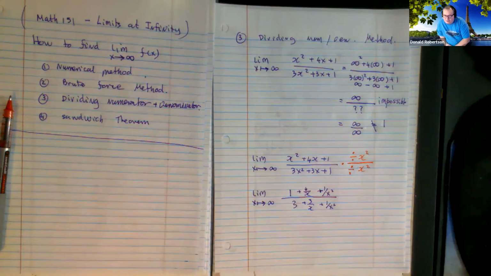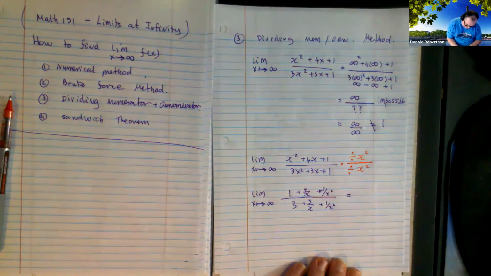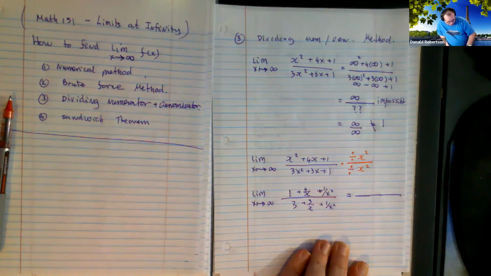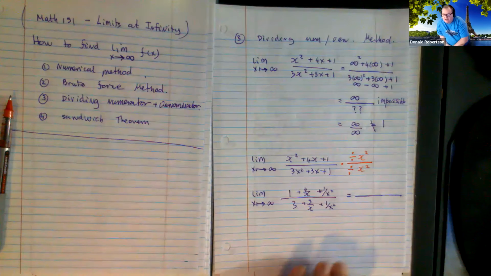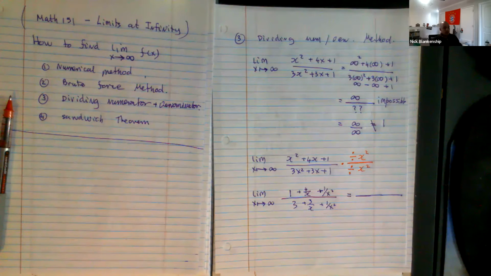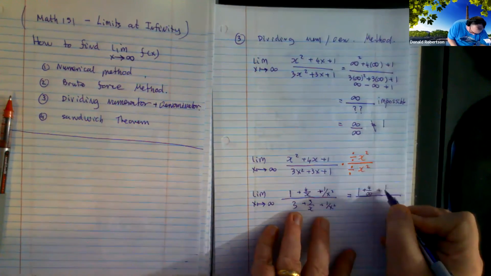What do you think I'm going to do next? When the limit of this and this as x tends to infinity, what do you think I'm going to do next? Oh, you're going to brute force and make all the x's 0. Yeah, you couldn't have said it better.